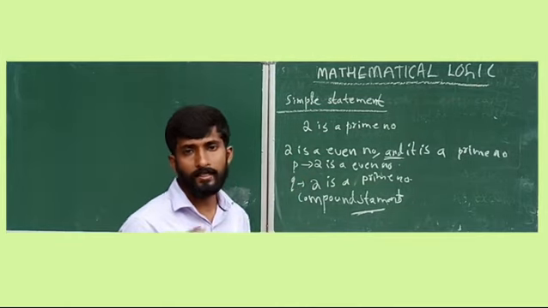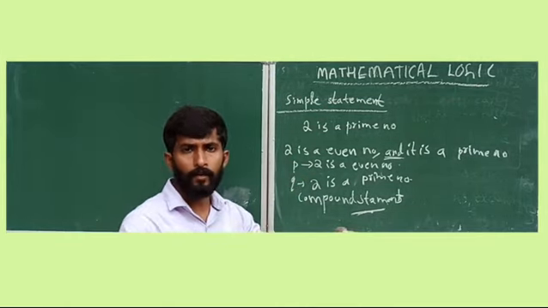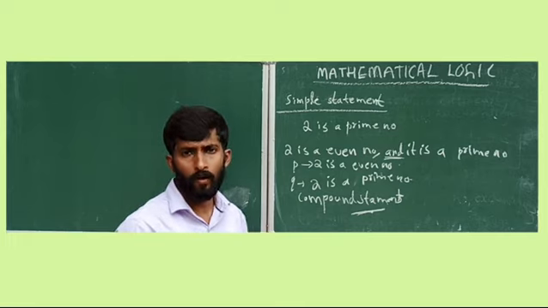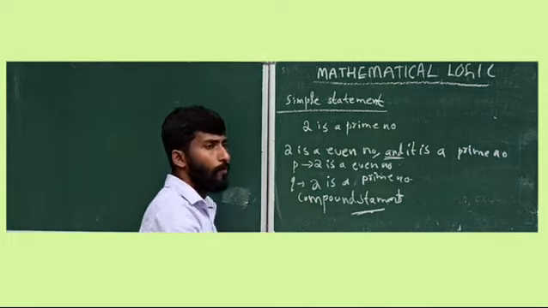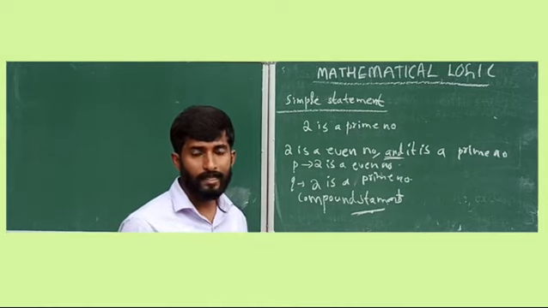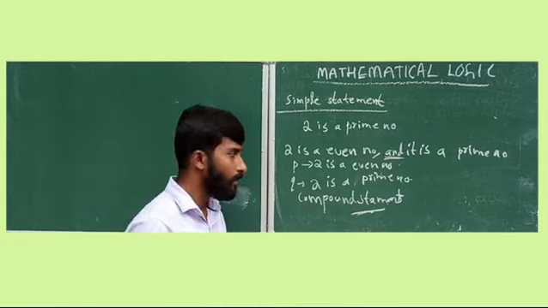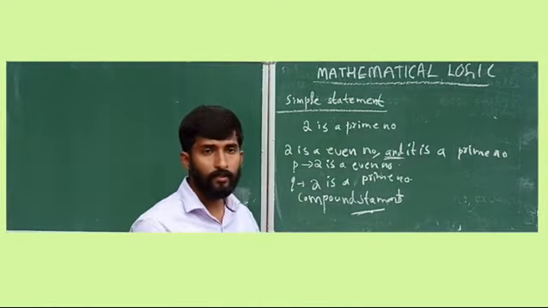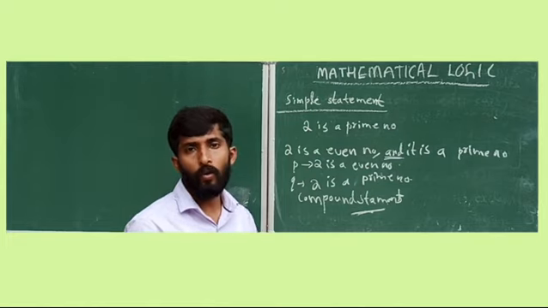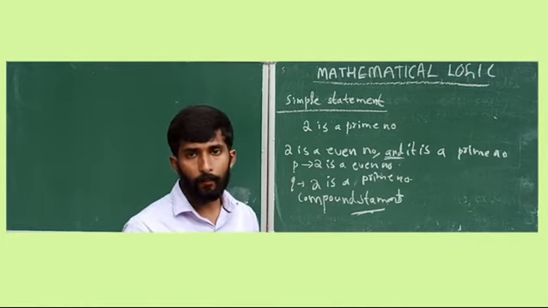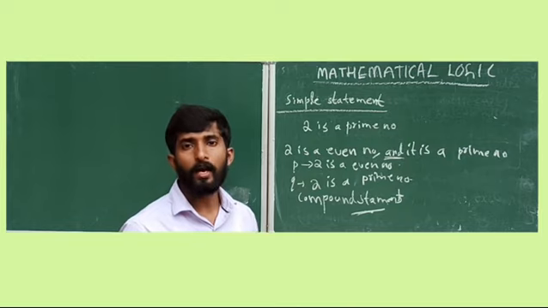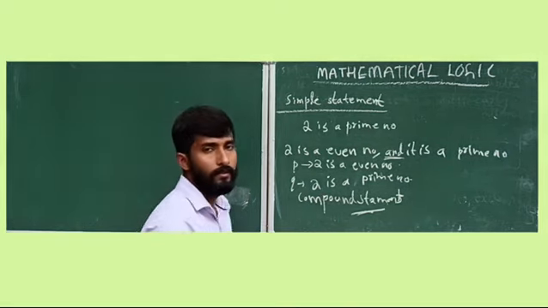Components are nothing but simple statements. If you combine using AND or OR, that time we will get compound statements. Clear? A simple statement has only one sentence. A compound statement is obtained by combining two or more simple statements. Those combined simple statements are called components of the compound statement.